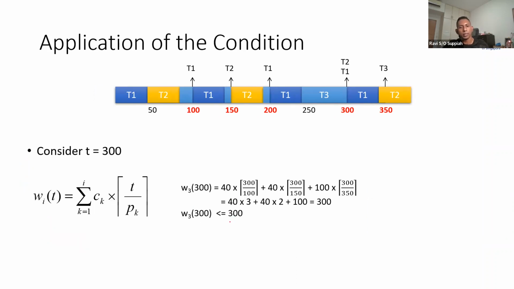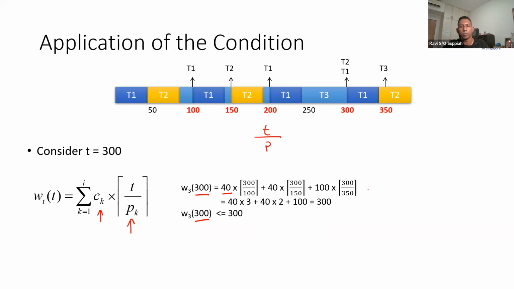What you do is at any point of time, that means when you take the computation of any periodic interval, whether it's 100, 200, 150, whatever, you take that time divided by the period. So this is the time over the period, multiplied by the computational time required for that particular task, which is this. And then you add up.